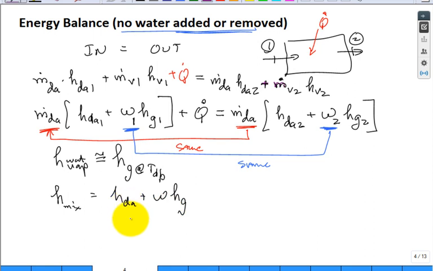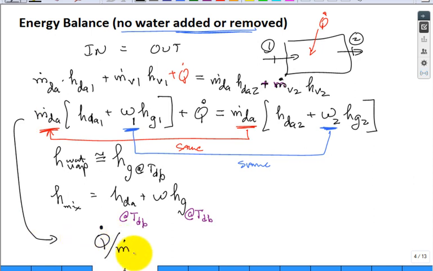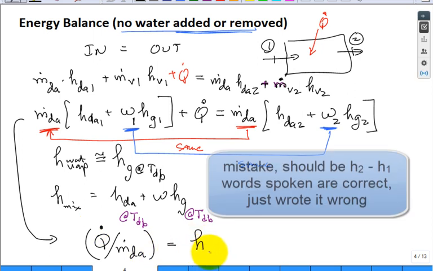The enthalpy of dry air is evaluated at that dry bulb temperature, as well as H of G is evaluated at the dry bulb temperature, whatever the dry bulb temperature, in or out. You could rewrite this equation as Q dot divided by m dot of the dry air is equal to the exit mixture enthalpy minus the inlet mixture enthalpy.